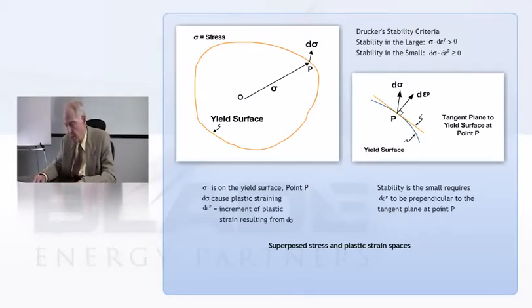Now, Hill, in his book, built in von Mises and the Levi-Mises equations. And so you have a circular yield surface with a radial increment in plastic strain. So everything in Hill satisfies Drucker's stability condition.